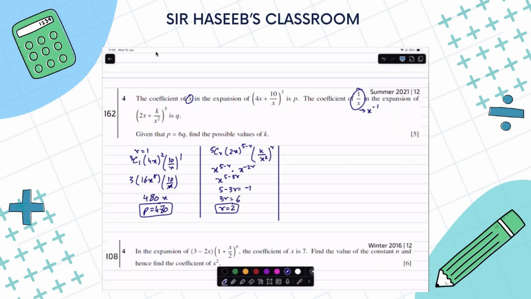So that's basically 5C2, 2x power 5 minus 2, and k over x square power 2. So that's 10 into 8x cube into k square over x power 4. So that's 80k power 2 is the coefficient which is equivalent to q. ऐसे ही.